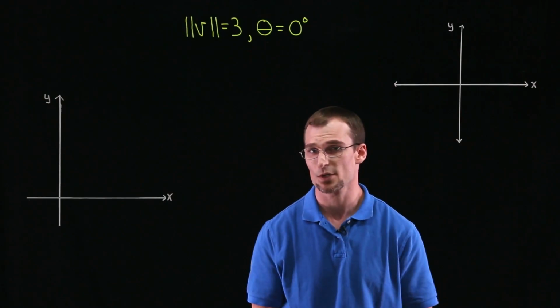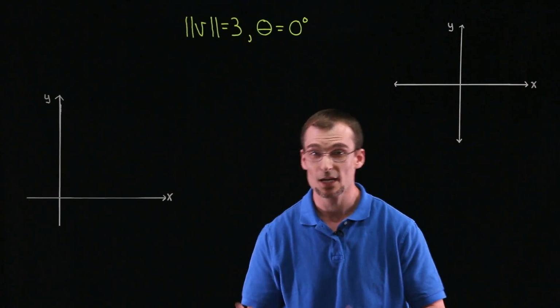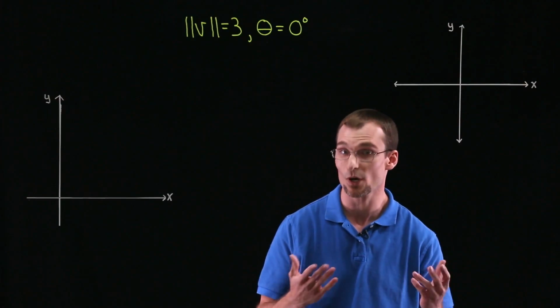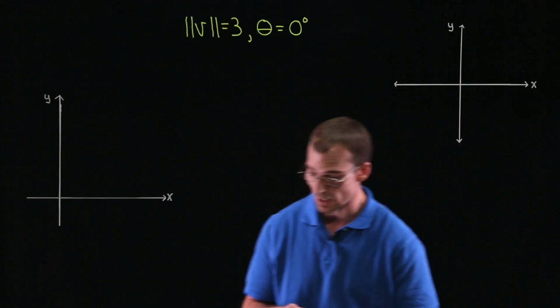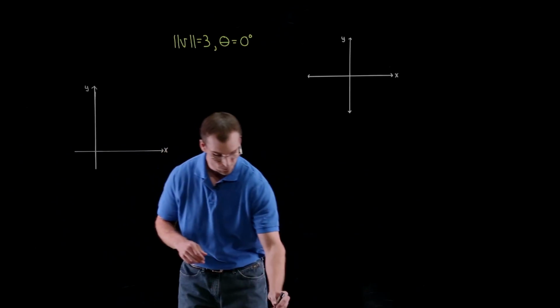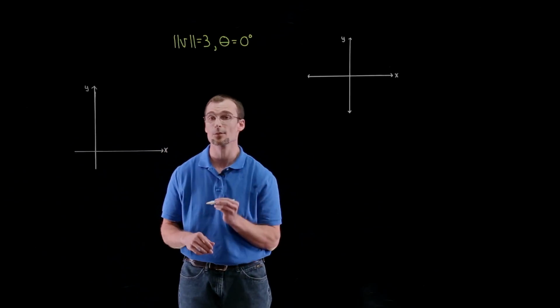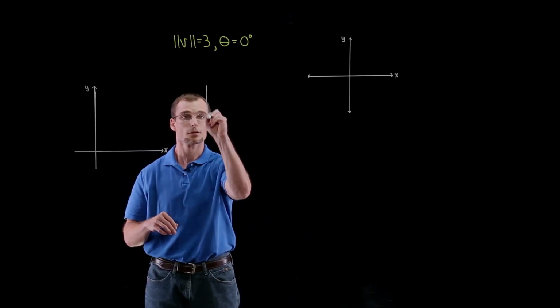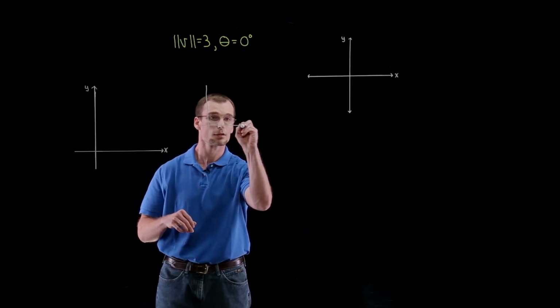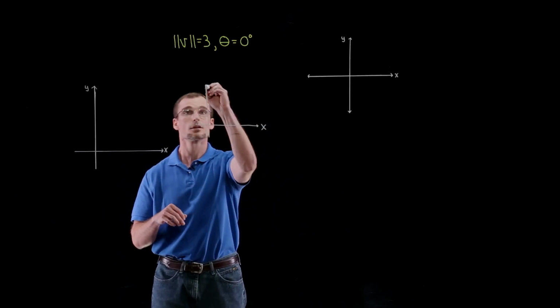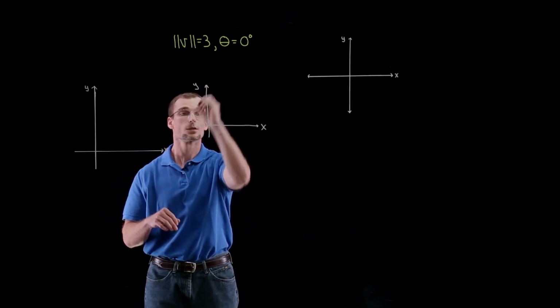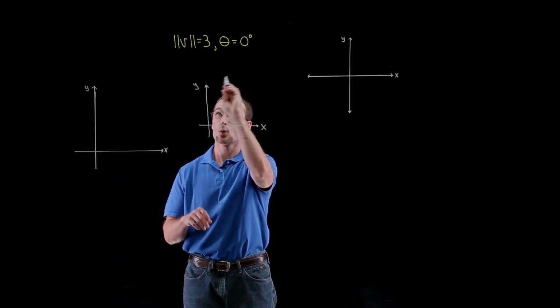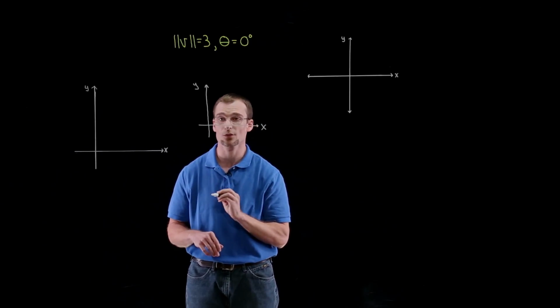Now there's two ways to approach this problem. We'll start with a simpler way and then the more complicated way. The simpler way is simply to make use of the two pieces of information that we're given: some magnitude and some direction.